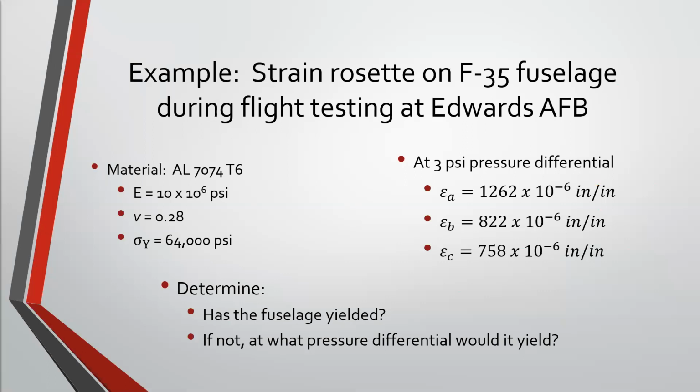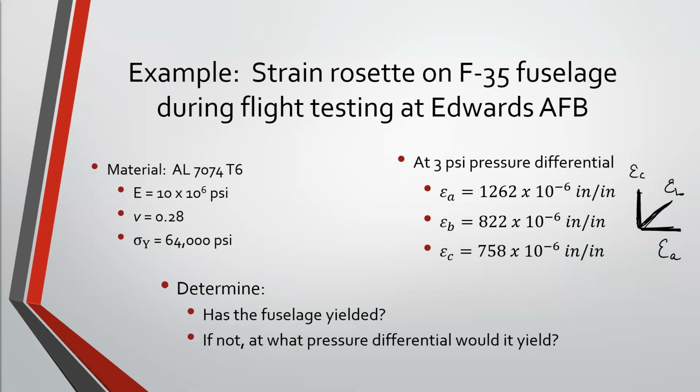So if you have a strain rosette, remember that's 3 strain gauges attached like so, where this would be strain A, strain B, and strain C. We have our material properties, Poisson ratio, modulus of elasticity, and yield stress.